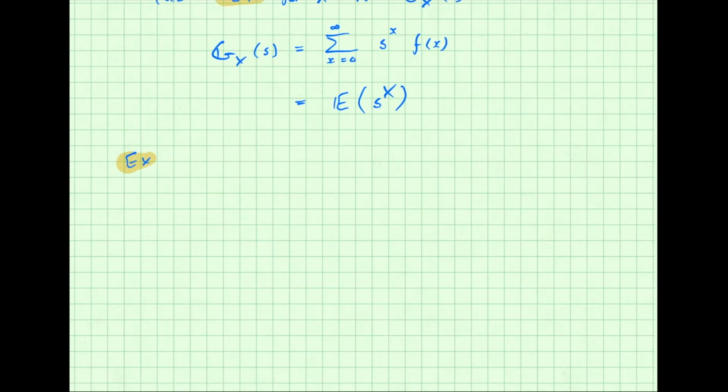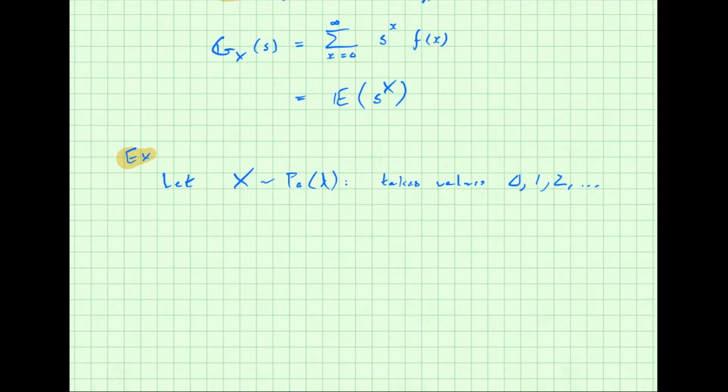All right, so let's suppose that we have a Poisson distributed random variable with parameter lambda. And again, this takes on values 0, 1, 2, and so on. It has a very specific PMF.